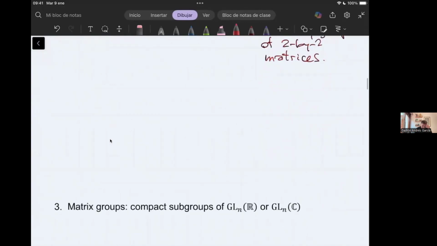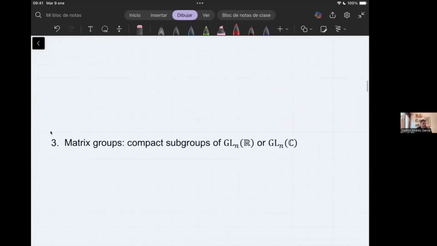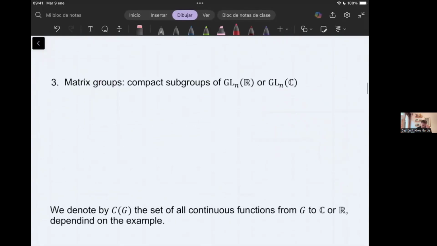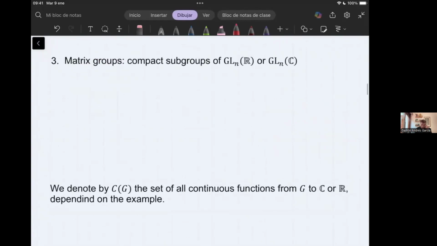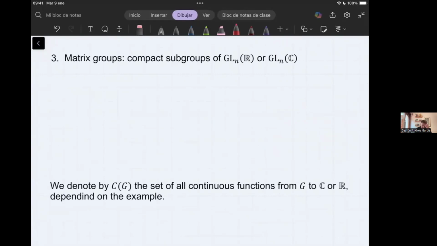Yeah. So as I told you, we are going to talk about matrix groups. So there are closed groups or compact subgroups of the invertible matrices in R or in C, okay? In R, actually, when we talk about R, we are looking at the orthogonal groups in general, and GLN for the unitary.